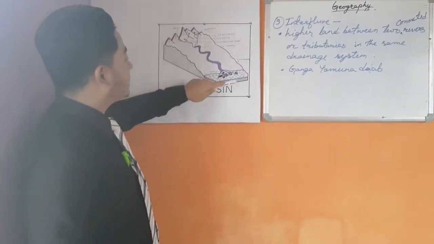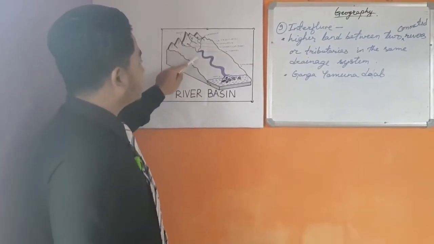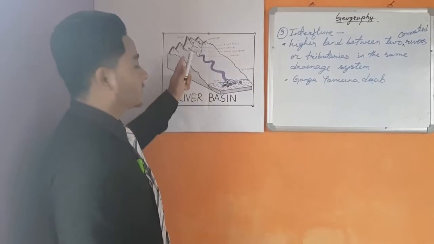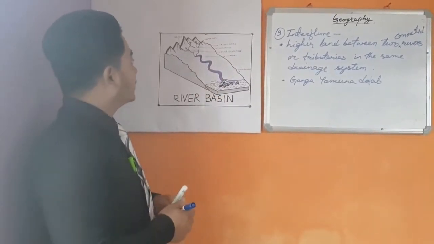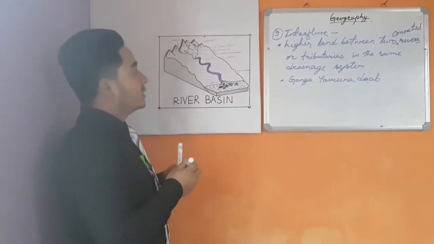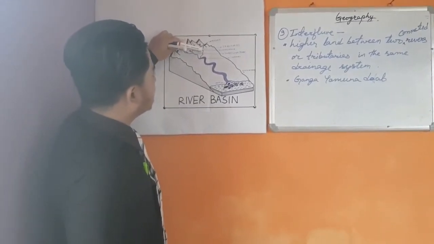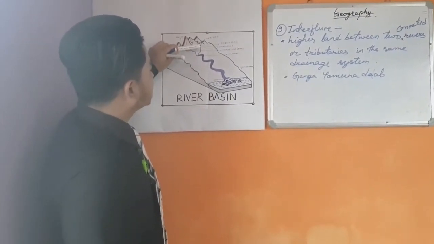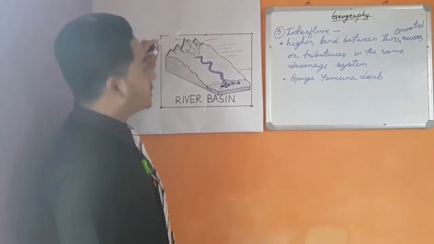As you can see in this diagram of a river basin, this is a drainage system of a single river, and here we can see various tributaries. This is one tributary and this is another tributary that are joining each other at the confluence and forming a single river.